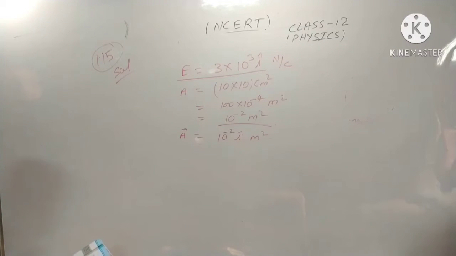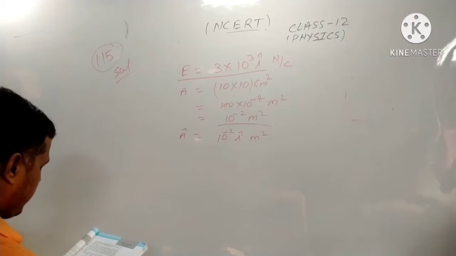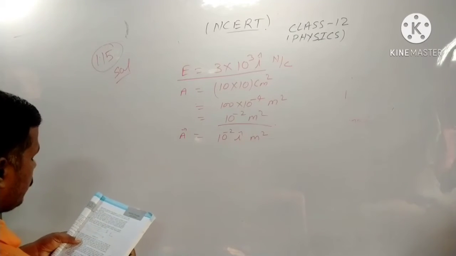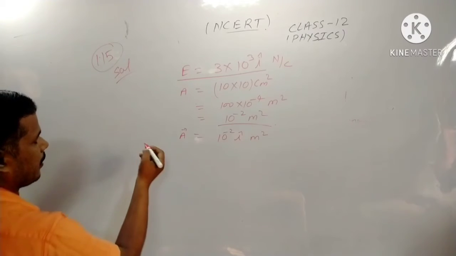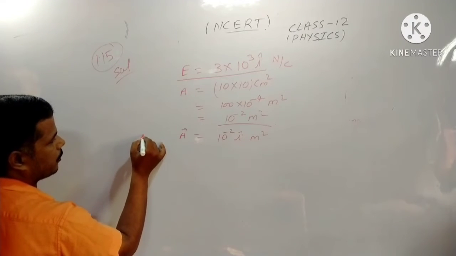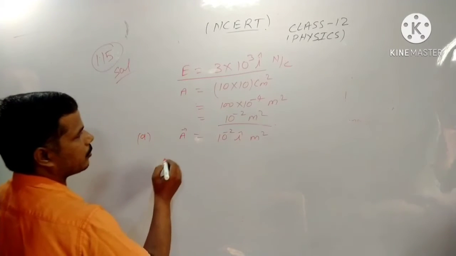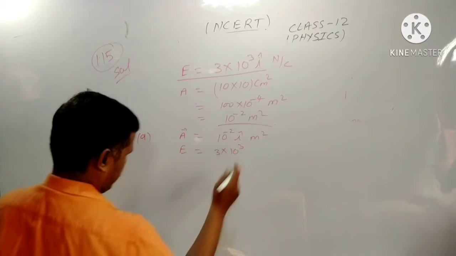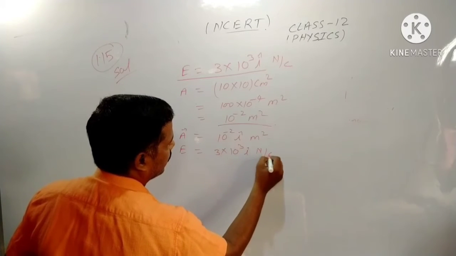Now, the question has two parts. First part says: what is the flux of the field through the 10 centimeter side square whose plane is parallel to YZ plane. So for the first part of the question, here A is equal to 10 power minus 2 i cap meter square and E is equal to 3 into 10 power 3 i cap Newton per coulomb.